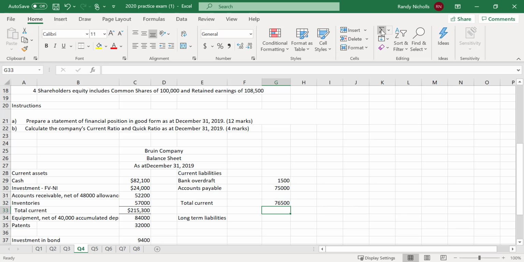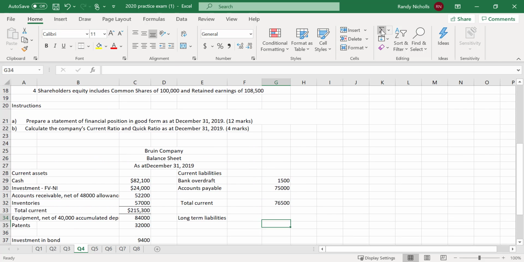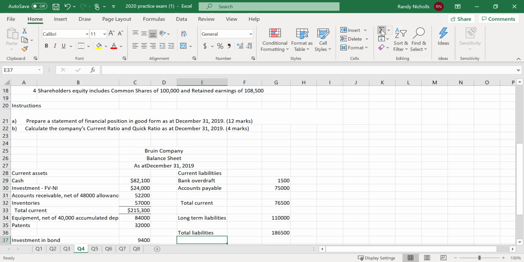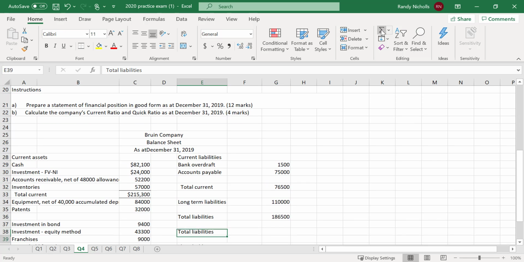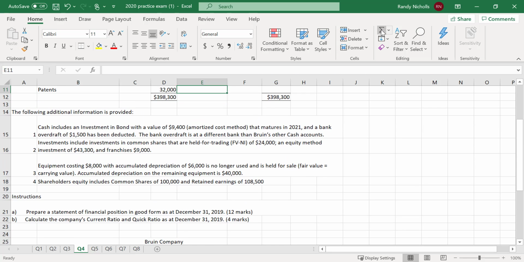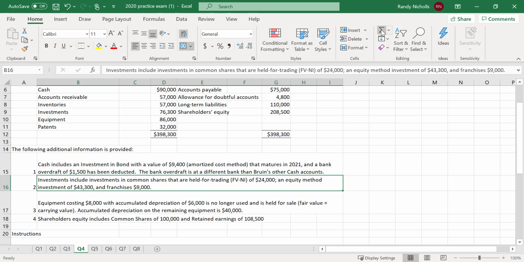Oops. Long-term liabilities, 110,000. It doesn't tell us anything about any of it being current, so total liabilities. I got my shareholders' equity, and when he did the original balance sheet, he just has 2085, but we do have the breakdown. We need to include that.